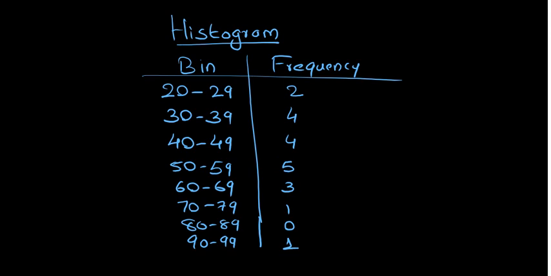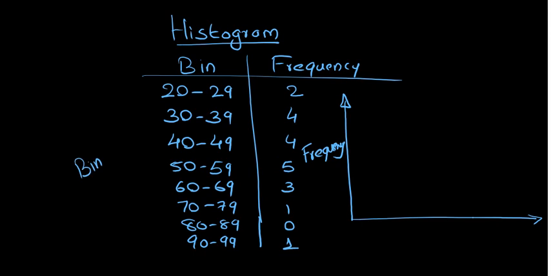Now you can make the plot. I will make the plot here itself. It's like a chart which has an x-axis and a y-axis. The y-axis is your frequency, and your x-axis is these bins. The bins are typically of the same width.